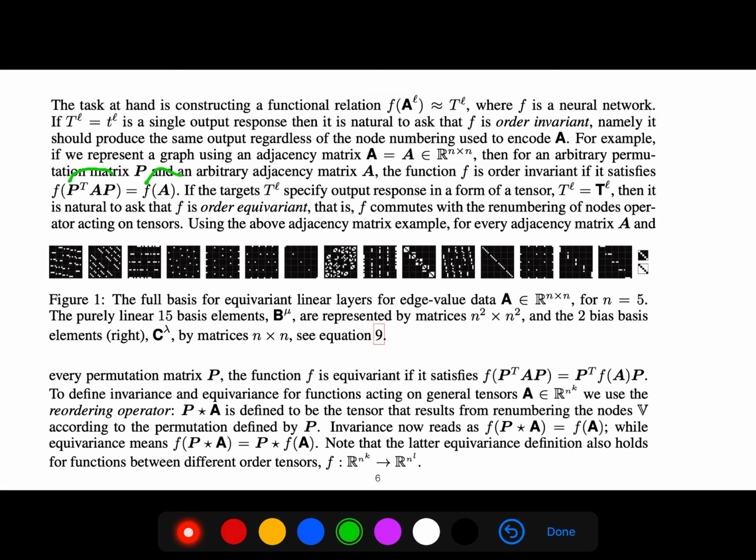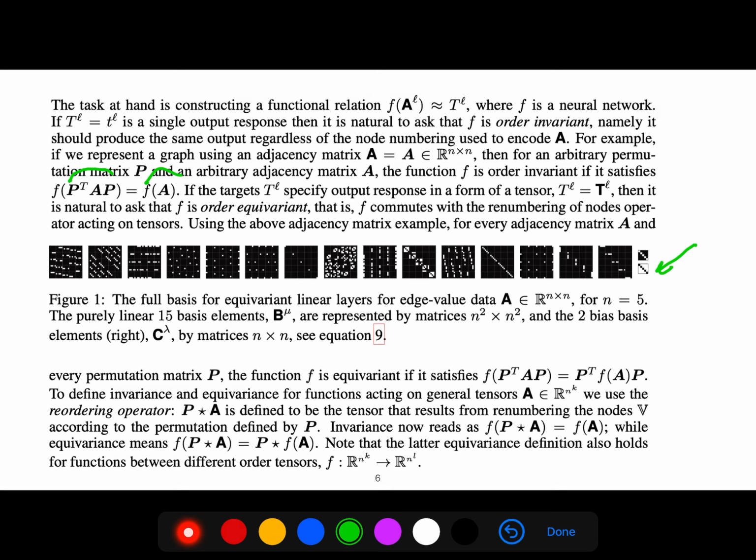So if the target specifies an output response in the form of a tensor, then it is natural to ask if f is ordering equivariant. That is, f commutes with the renumbering of nodes operator acting on tensors. Here, for example, is the full basis of equivariant linear layers for edge data.